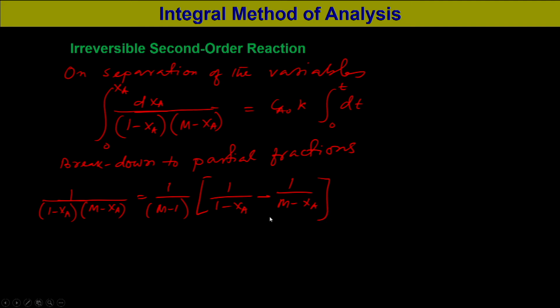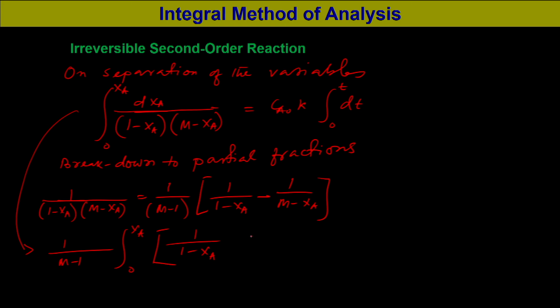Now, if we substitute this over here and do integration, we can write 1 by m minus 1 integral 0 to x_A of 1 by 1 minus x_A minus 1 by m minus x_A dx_A equal to C_A0 k integral 0 to t dt.